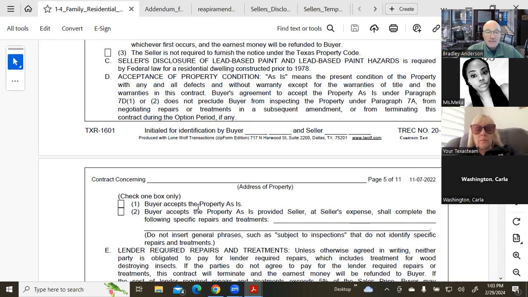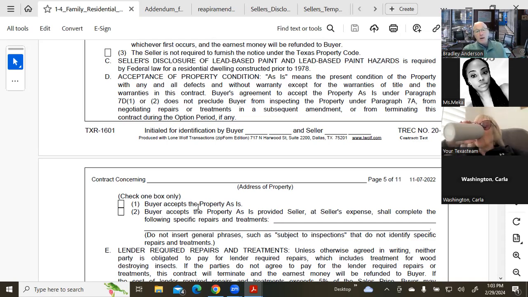Buyer accepts property as is. Now, that does not mean that the buyer isn't able to conduct an inspection and then come back, obviously during their option period, because we have an option period here in Texas, and ask for repairs to things that are revealed from the inspection. Okay, that will always be the case.